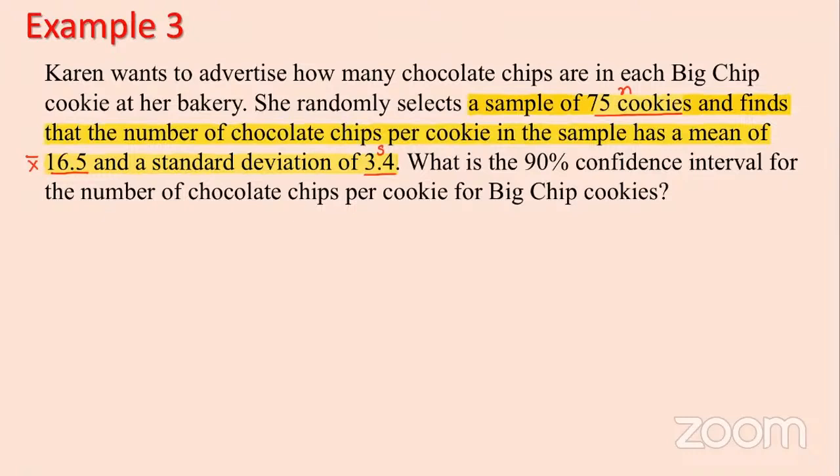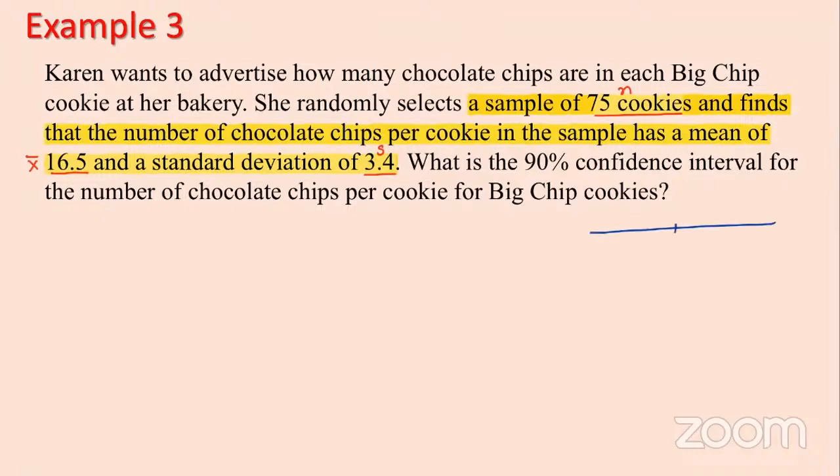Now, the question is, what is the 90% confidence interval for the number of chocolate chips per cookie for big chip cookies? So basically what we want to do is construct a 90% confidence interval, right? And you know how we construct the confidence interval. We need the point estimate in the middle. So let me draw this line here and put the point estimate in the middle.